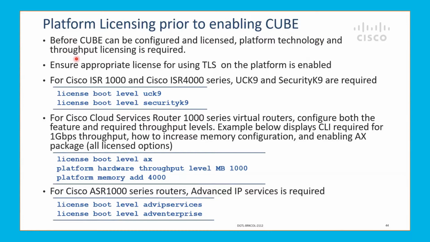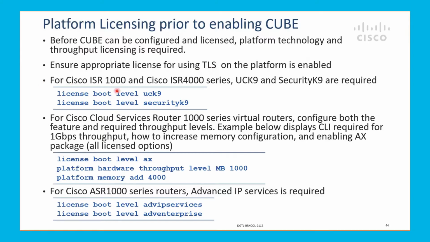If you plan on doing SIP TLS, ensure you have the appropriate licensing for TLS as well. We'll share some examples, but please refer to the platform, meaning the hardware models documentation, to get the latest information.